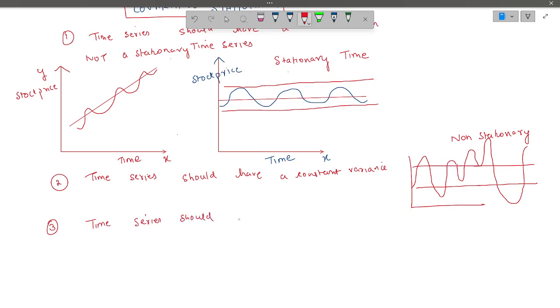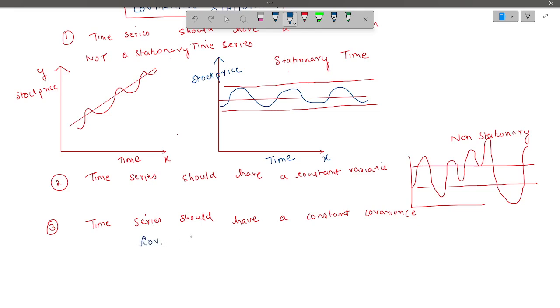And third is time series should have a constant covariance. तो ये चीज बहुत ध्यान से समझना. सी कोवेरियंस लिख लो, बुक में बहुत गंदा एक्सप्लेनेशन है.